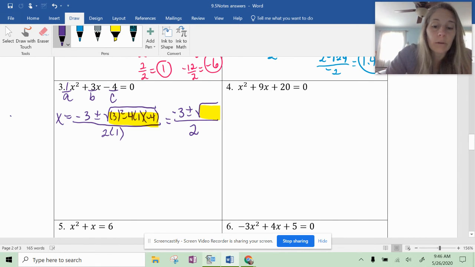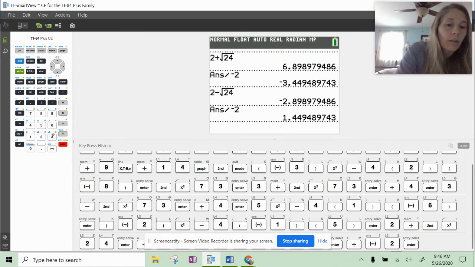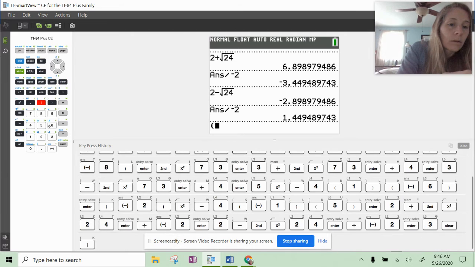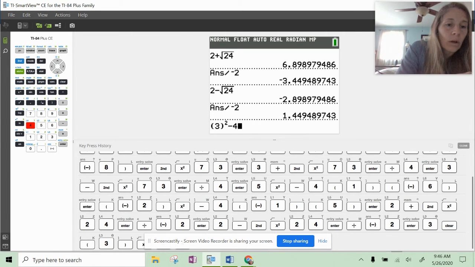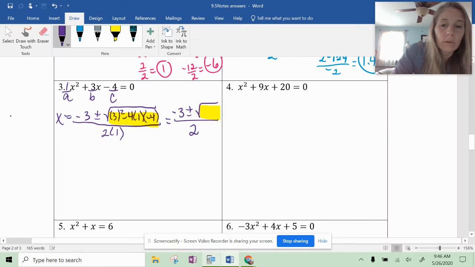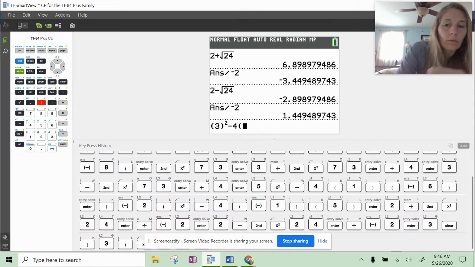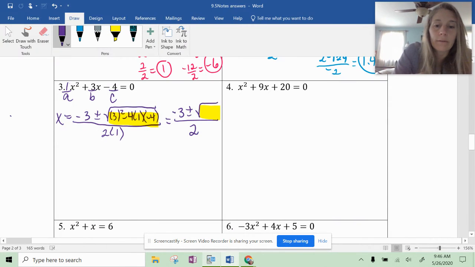So in my calculator, 3 squared minus 4 times, what was it? 1 and negative 4.